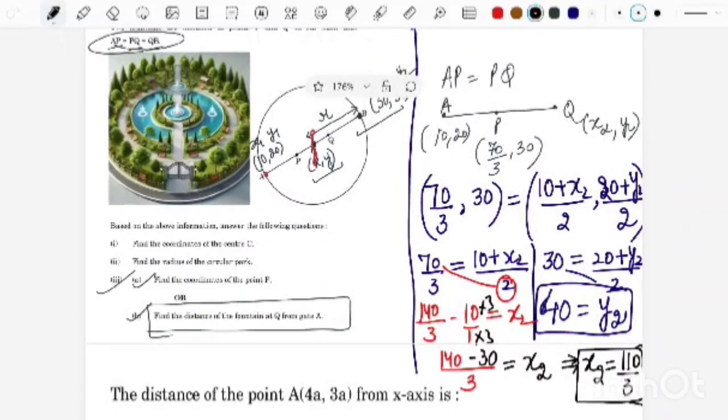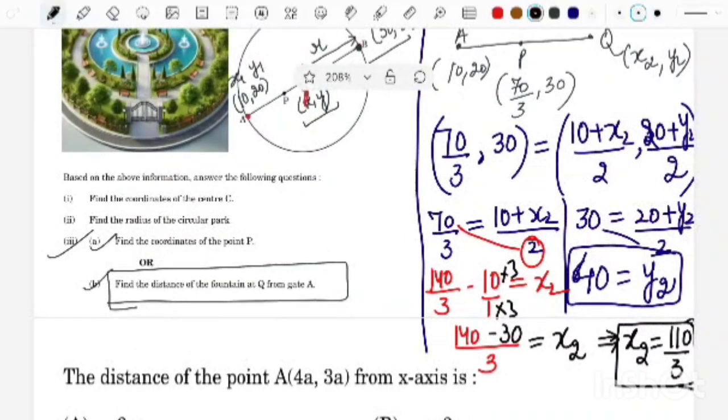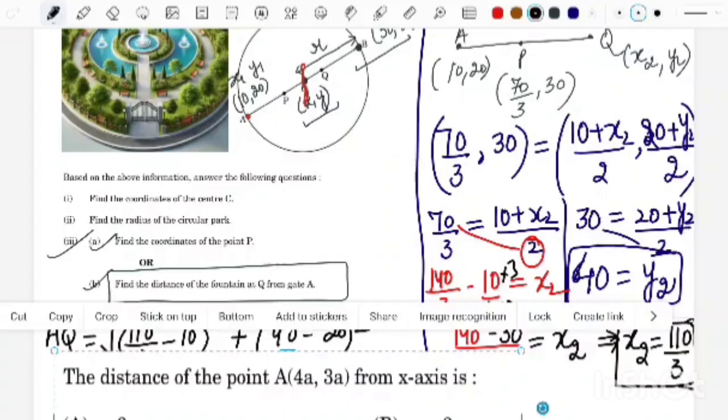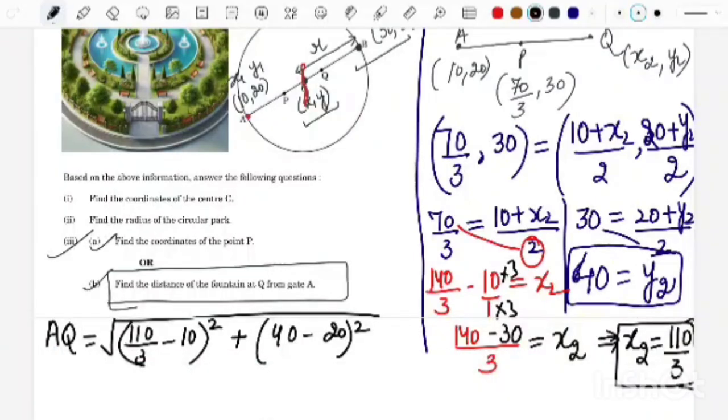Now you have calculated the coordinates. Now you can easily calculate the distance between A and Q. So AQ is the square root of (x2 minus x1) whole square, that is (110 upon 3 minus 10) whole square, plus (y2 minus y1) whole square, that is (40 minus 20) whole square.